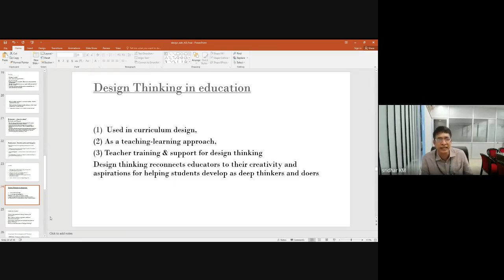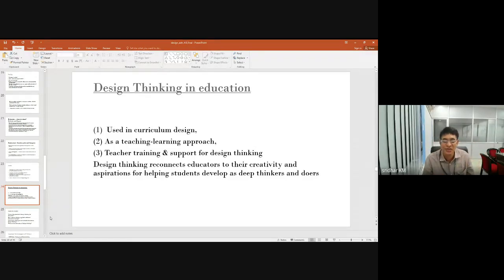So design thinking reconnects educators to their creativity. When we see students become creative, we also become young. When we are with a group of young people, we also become young. So when students start thinking creatively in an environment, we also become creative and contribute a student mindset, where we find a lot of fun because our mind has more wisdom and knowledge.